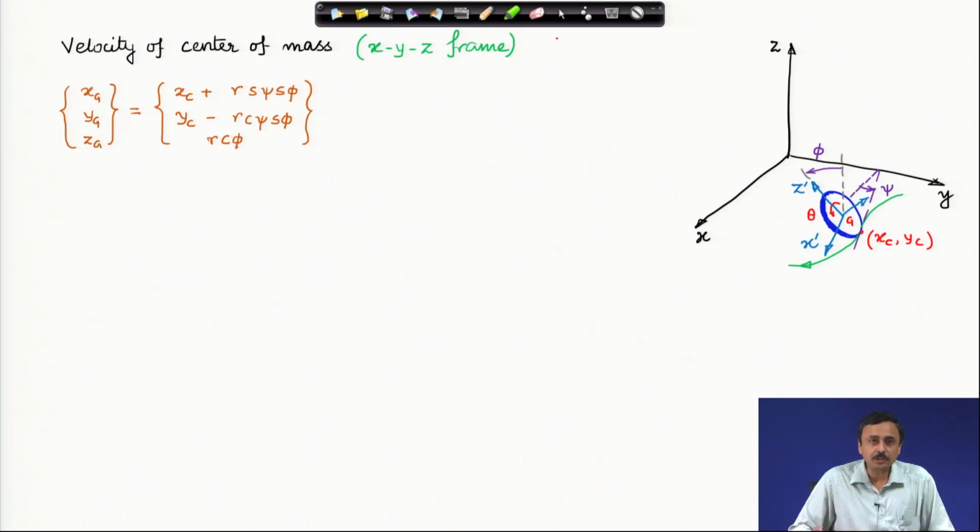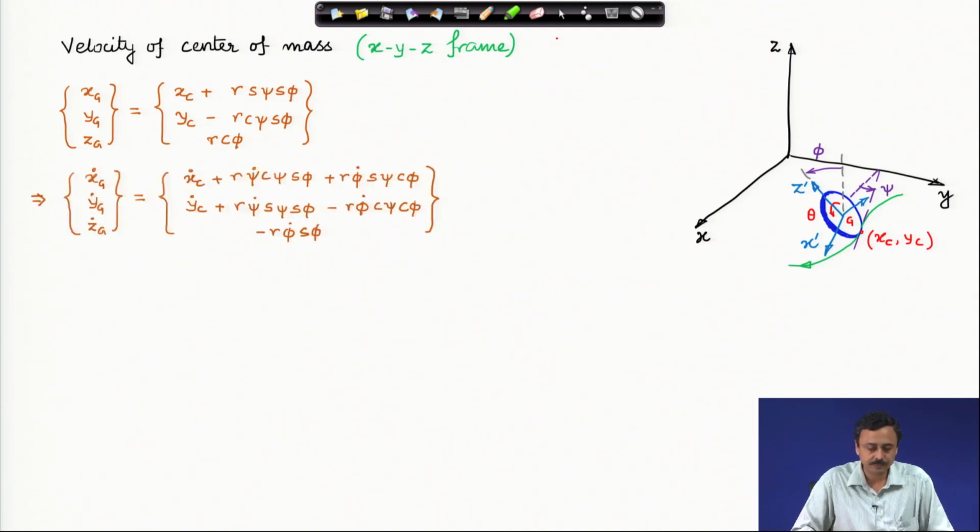And we know that in order to write down the kinetic energy, we need the velocity of the center of mass and the rotation about the center of mass. The center of mass position, we start with the position vector of the center of mass in the x y z frame, which is shown, which is the fixed frame. And these relations we had derived in an earlier lecture, x_g, y_g, z_g, which are the positional coordinates of the point g, which is the center of mass of the coin.